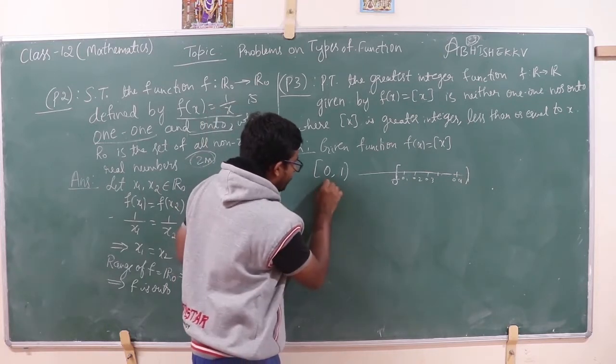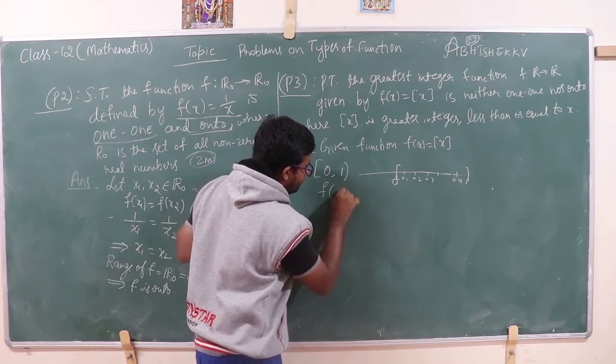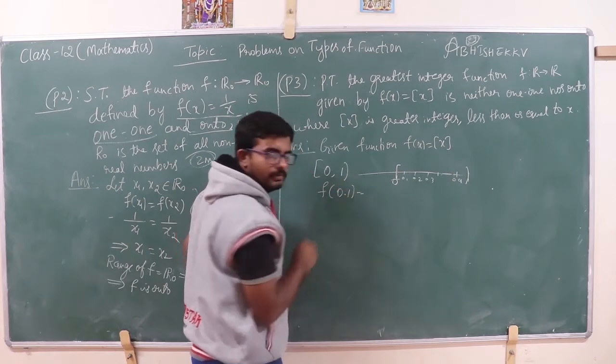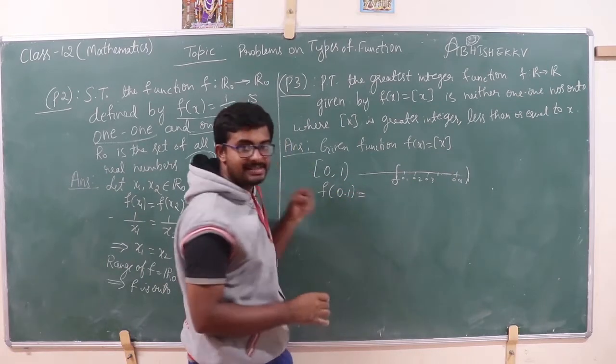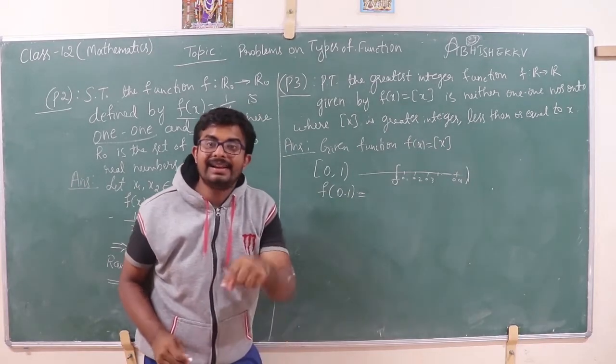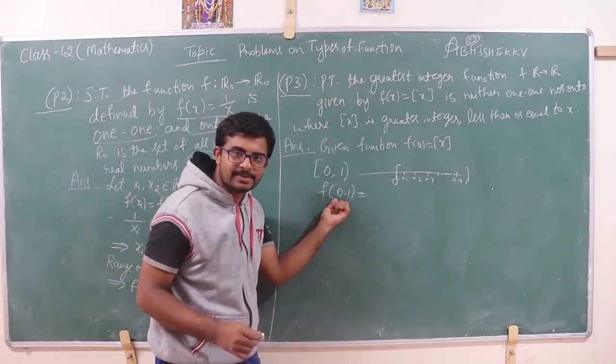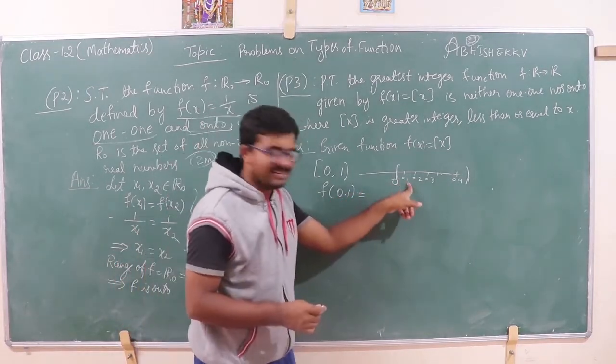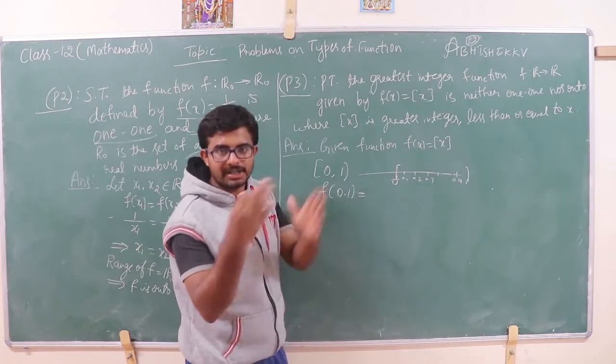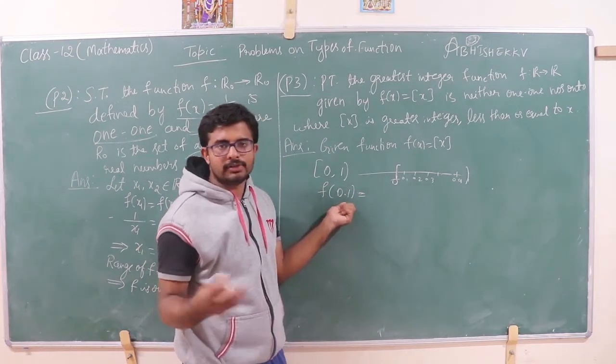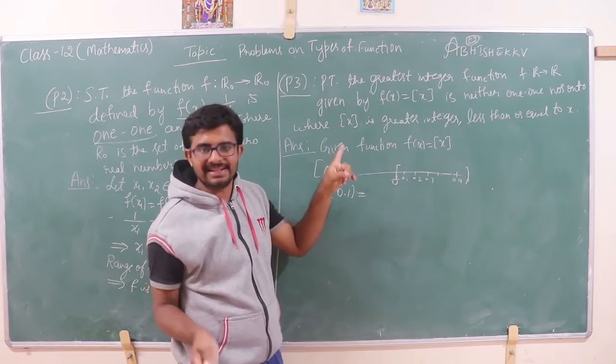Then my question is, what is f of 0.1? It is the greatest integer less than or equal to x. It will not be equal to 0.1, because it is a greatest integer function.